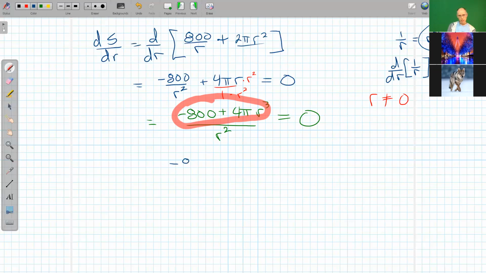So now I have negative 800 plus 4 pi r cubed equals 0. And we can add the 800 to the other side. Divide by the 4 pi.